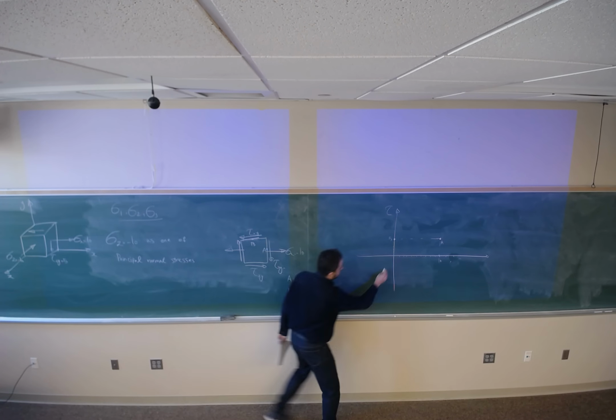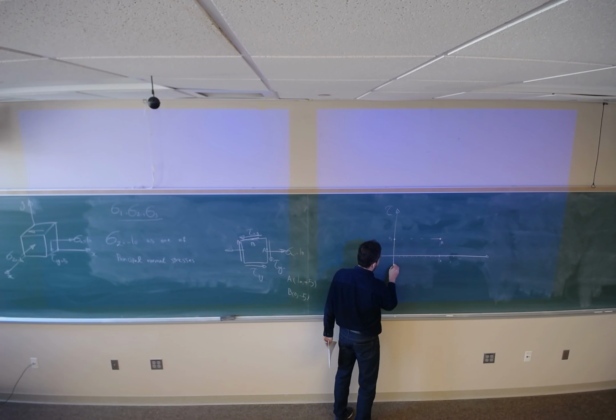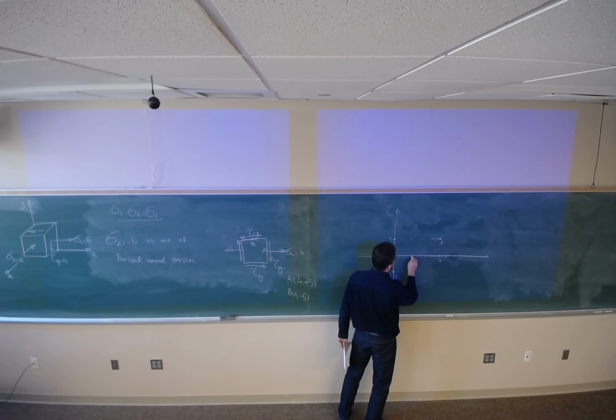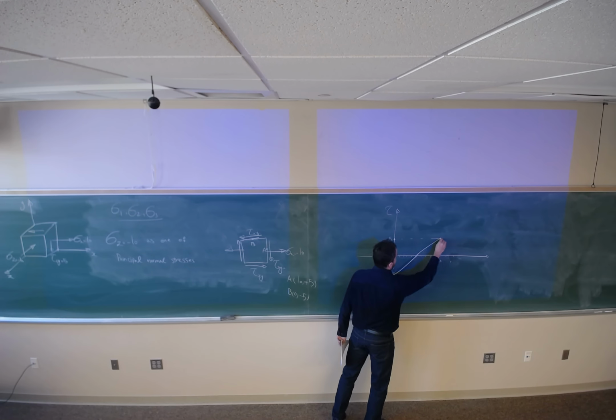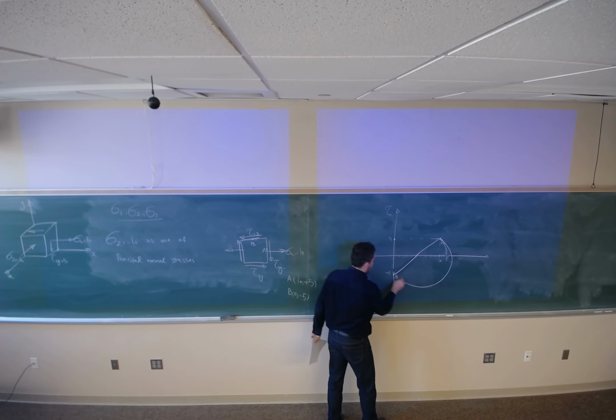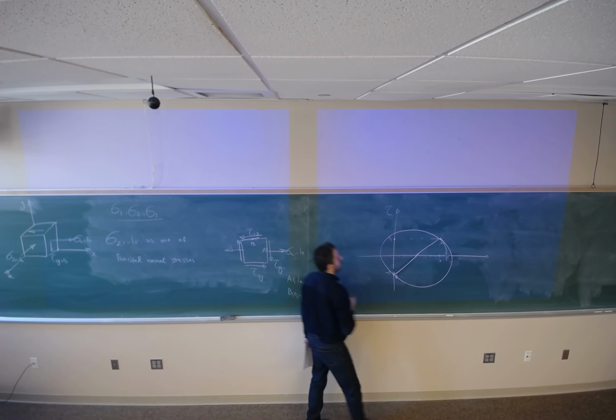So it's gonna be 1, 2, 3, 4, 5. This is point B. Connect these two, draw a line, circle. Like this.